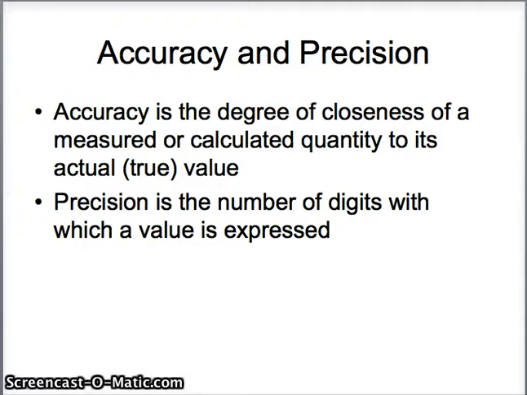Now, accuracy is the degree of closeness of a measured or calculated quantity to the actual or the true value. What that basically means is that how accurate you are is how close to the reference value it happens to be. So if you have something that weighs 1 kilogram, how accurate your measurement is always relates to how close your measurement is to another object that's exactly 1 kilogram.